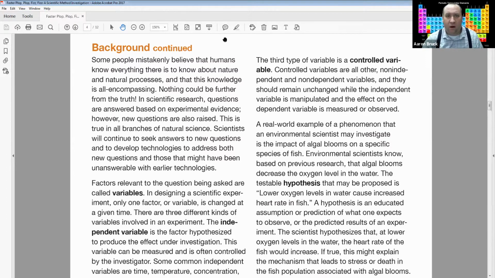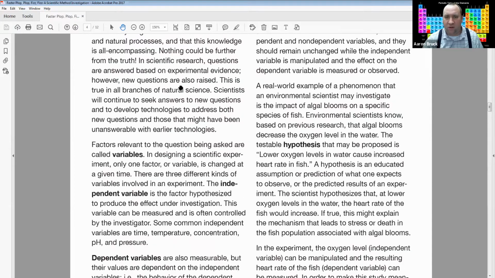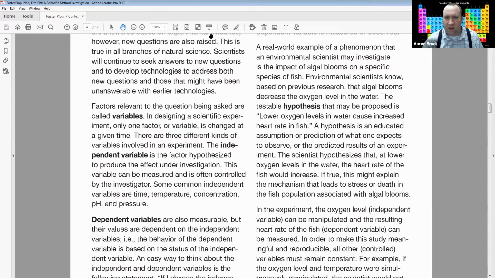Now, there are 3 types of variables that we are going to take some time in looking at. There is the independent variable. This independent variable is the factor that's hypothesized to produce an effect.